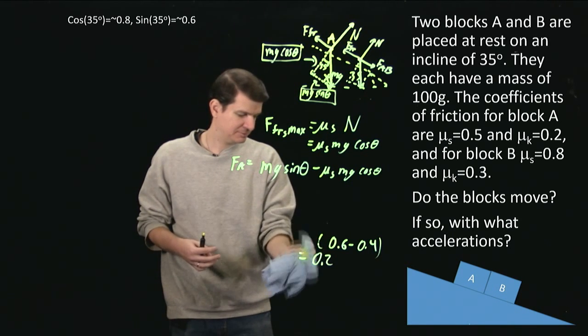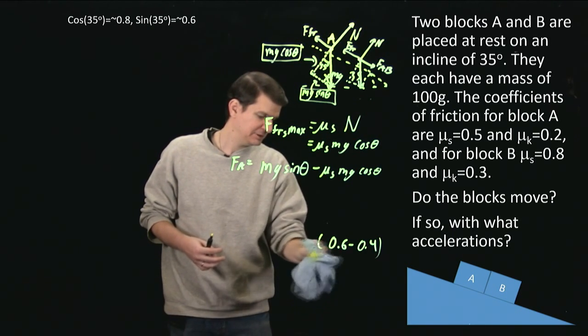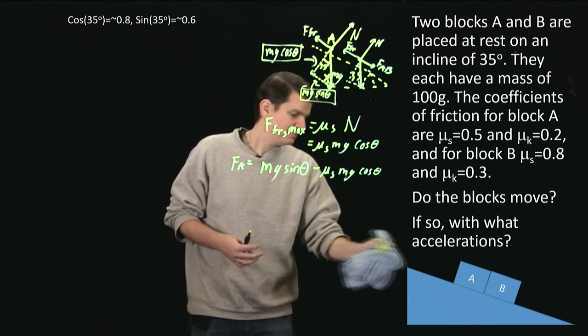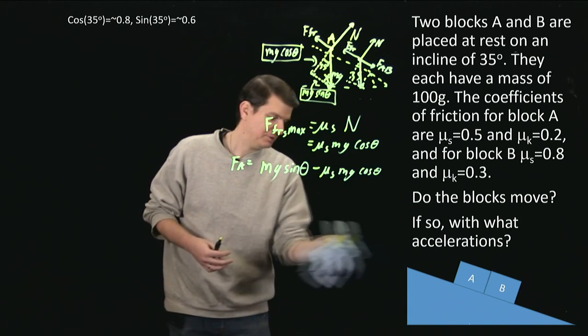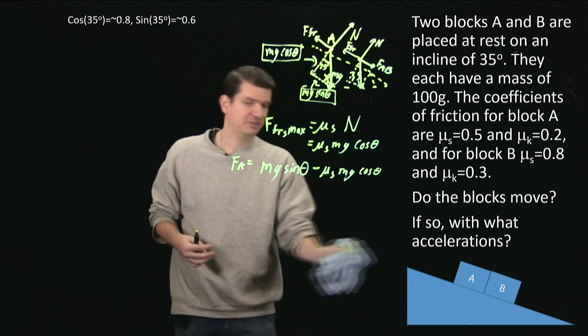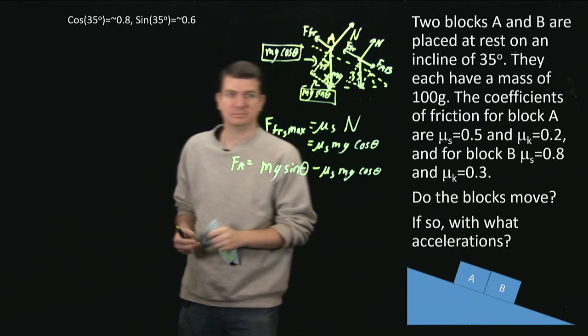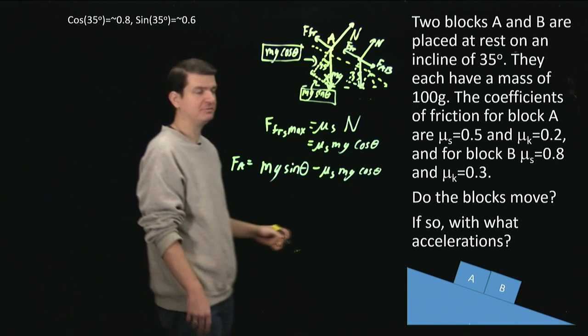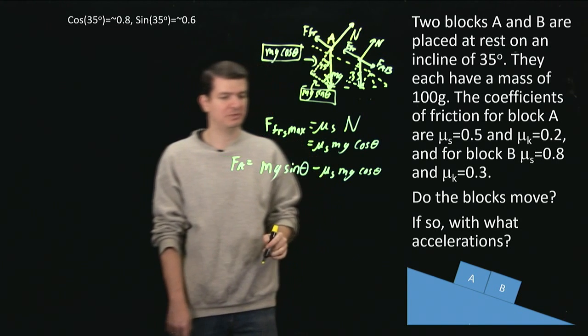So let's take a look and just work out what this suggests is going to happen. Maybe if the friction on block B is large enough, which is possible, the coefficient is larger for static friction, maybe it's enough to stop B and A from moving.